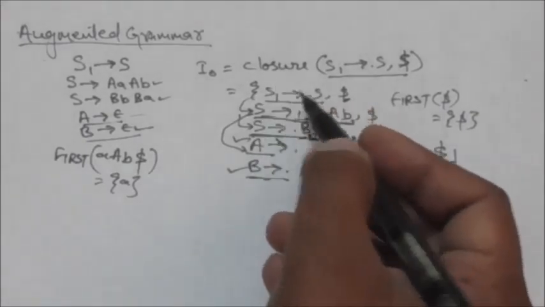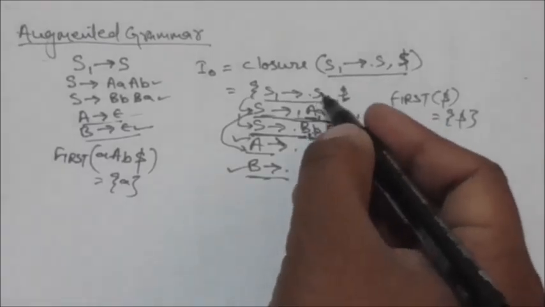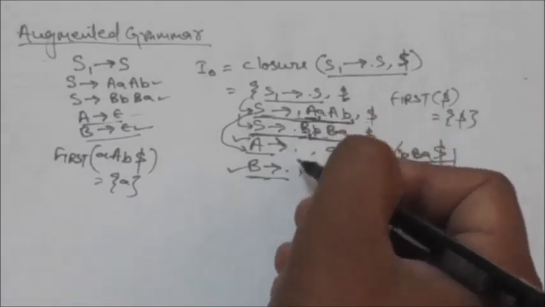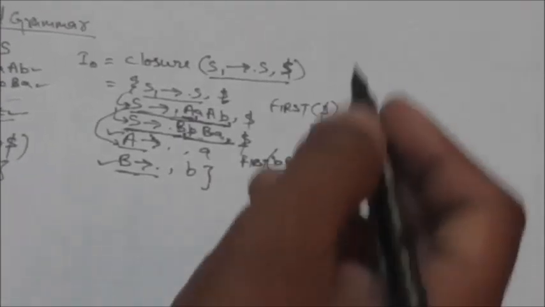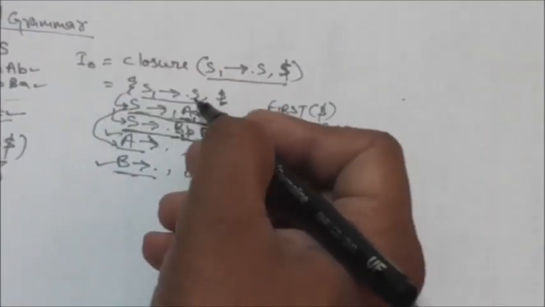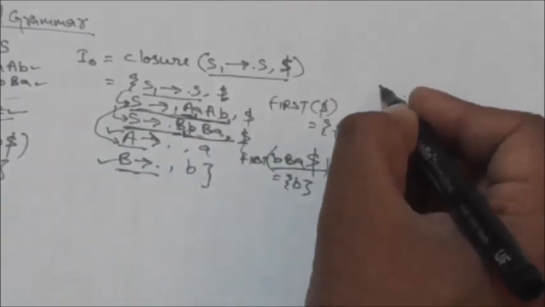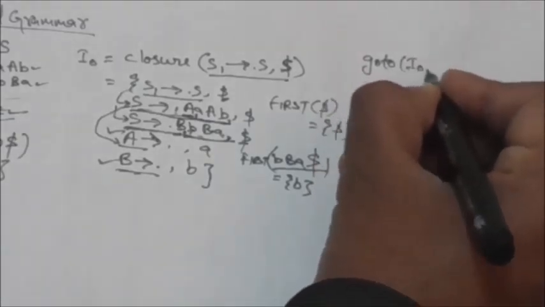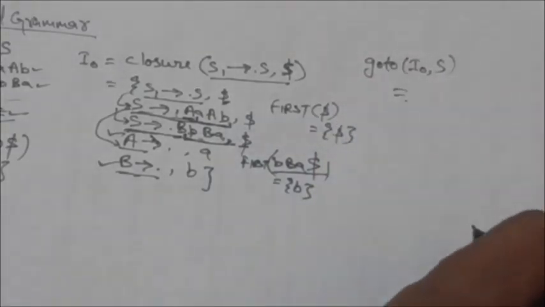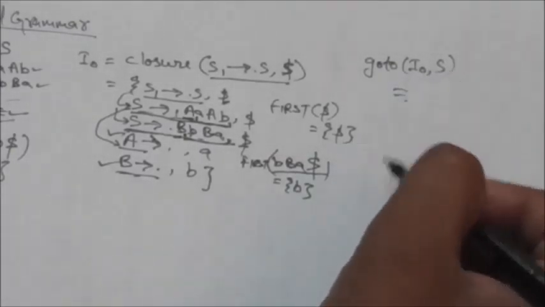So for this state I0 we need to find the transition only for these three symbols, that is S, A, B. So first I will find the transition of this state I0 for non-terminal symbol S. So for that I need to evaluate the function Goto I0, S. So what would be the output of Goto I0, S?